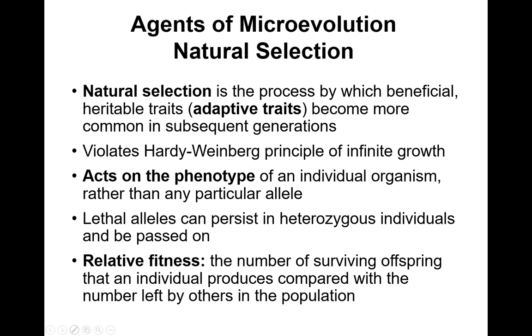Relative fitness, which you see here on the bottom, is a numerical value which tells you the number of surviving offspring that an individual with a specific trait has compared with the general population. So for example, if you have an adaptive trait that makes you more resistant at low oxygen level, and you can have 2 offspring compared to 1, the relative fitness will be 2 divided by 1, so 2. So that's what really gives an idea of how natural selection is working.